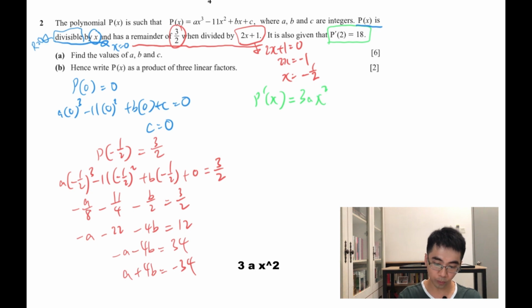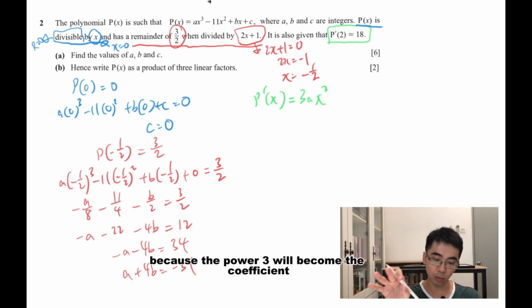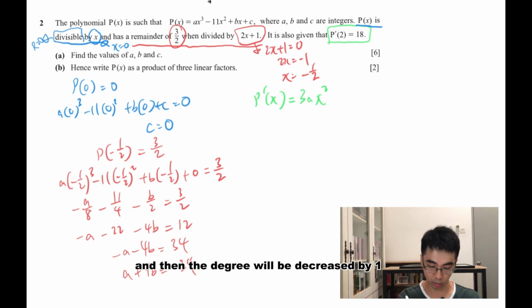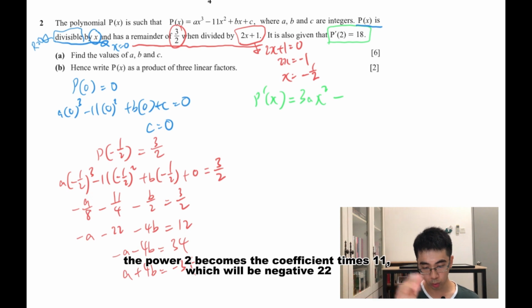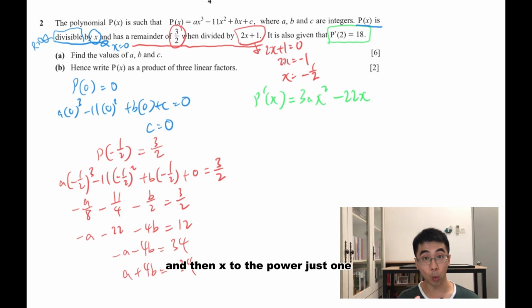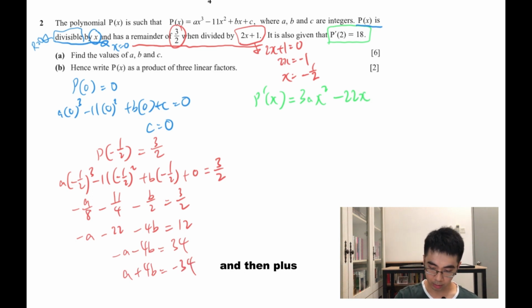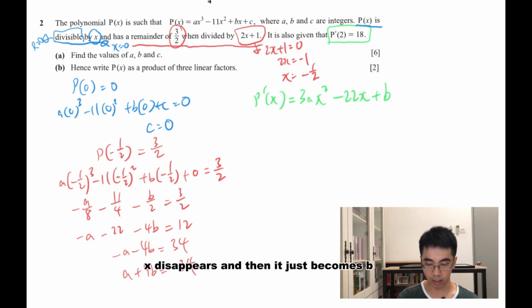3ax to the power 2, because the power 3 becomes the coefficient, and then the degree will decrease by 1, and then minus, again the power 2 becomes the coefficient, times 11 will be negative 22, and then x to the power 1, and then plus, this time for the x it disappears, and then we just get b.